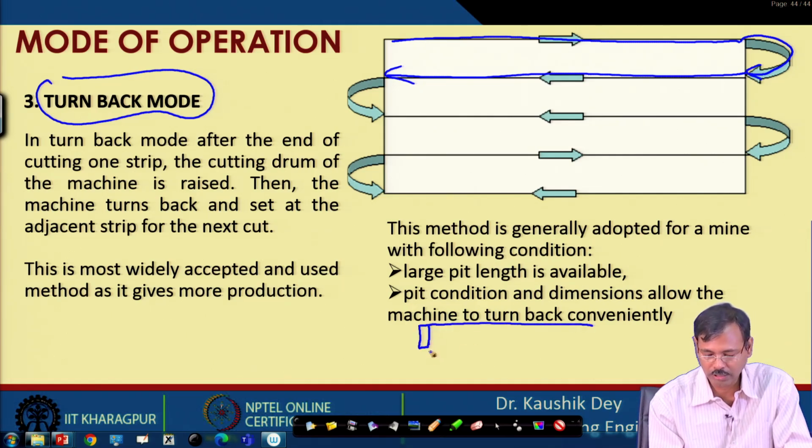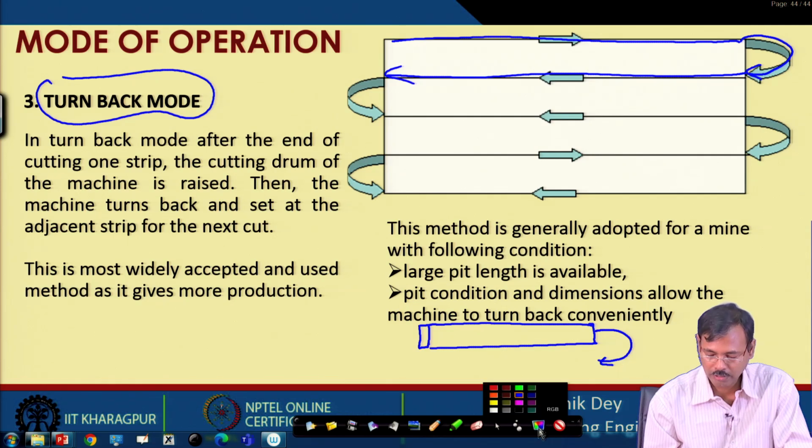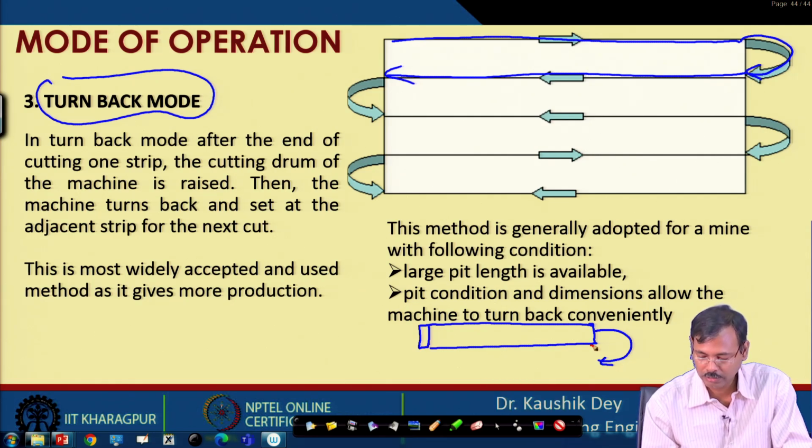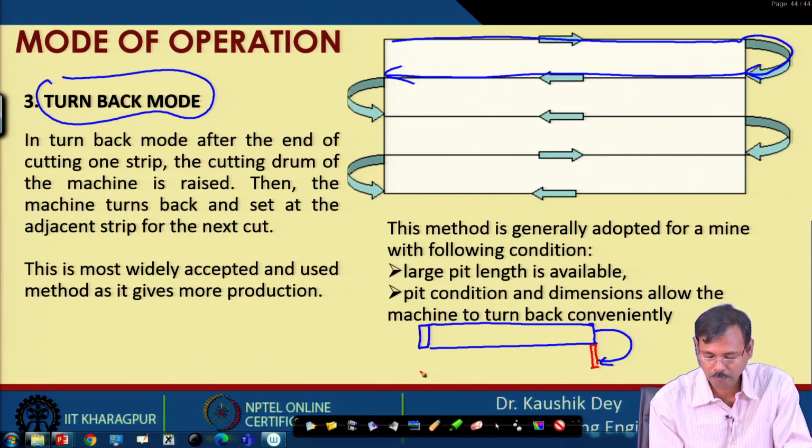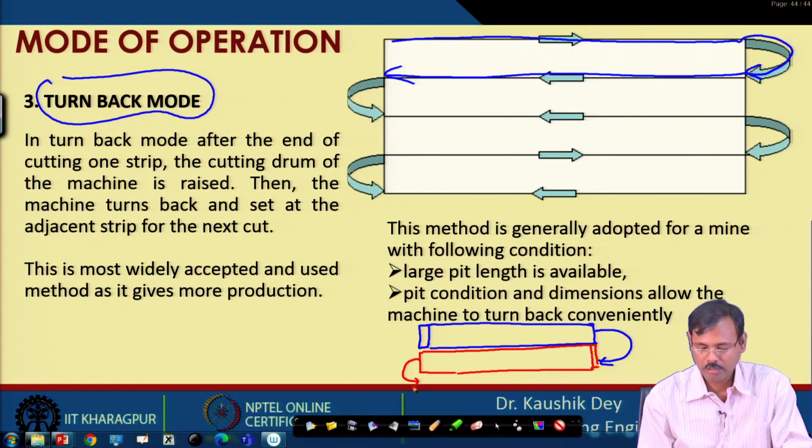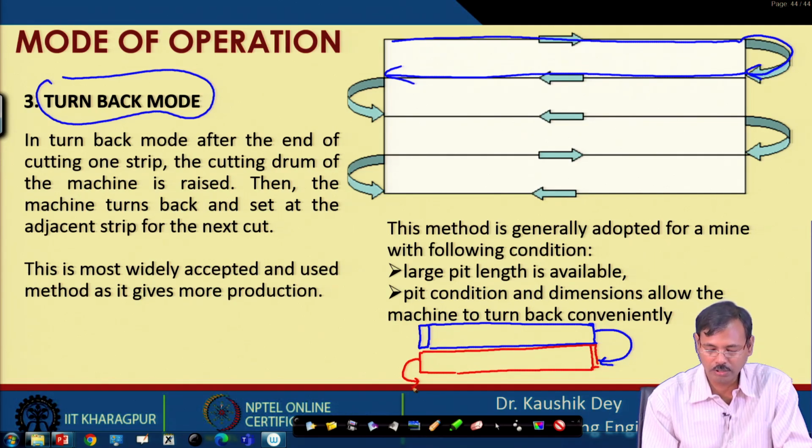The machine is taking the first slice, then the machine is allowed to turn here, and the second slice is taken like this, and the next turning is carried out here. So, this is the way the turn back mode is operated.